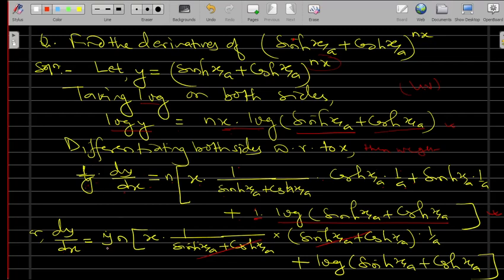Then dy/dx equals y times n, times x, and if we take 1/a common from these two terms, what we obtain is hyperbolic sine(x/a) and hyperbolic cos(x/a), these two terms can be cancelled and the remaining term is as usual. So y times n, x/a, plus log hyperbolic sine(x/a) plus cos(x/a).